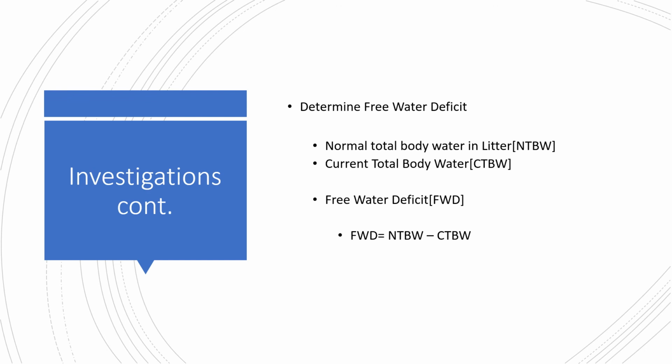Then we'll be able to determine the free water deficit mathematically by following a simple calculation: free water deficit is equal to the difference between normal total body water and current total body water. That is, you take away the value of the current total body water from the normal total body water in liters, and whatever you get is the free water deficit.